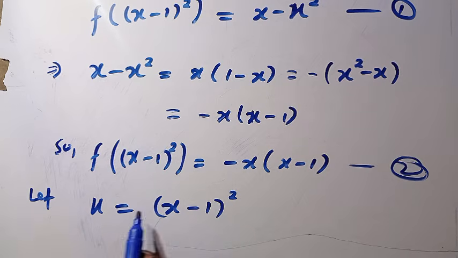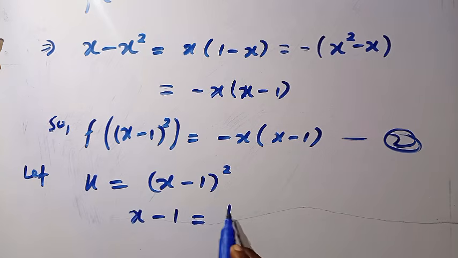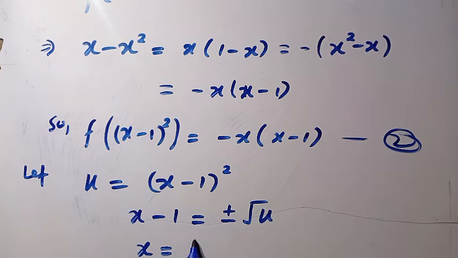Note that both u and x are members of real numbers. To make x the subject of the formula, I take the square root of both sides. We have x minus 1 equals plus or minus the square root of u. And taking 1 to the other side, x gives us 1 plus or minus the square root of u.